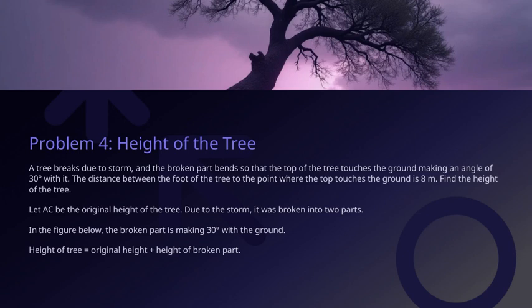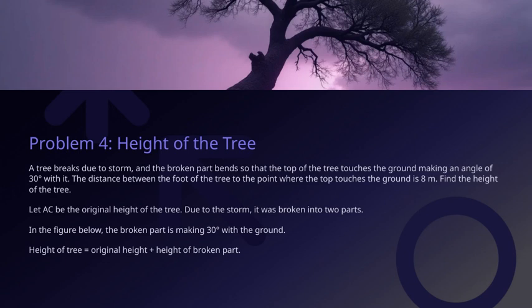This setup involves some basic trigonometry, specifically the sine and cosine functions, to relate the angles and sides. Remember, the original height is composed of two parts, the part still standing and the broken, bent part. By analyzing the angles and the distances involved, we can use these relationships to find the total height of the tree before it broke.